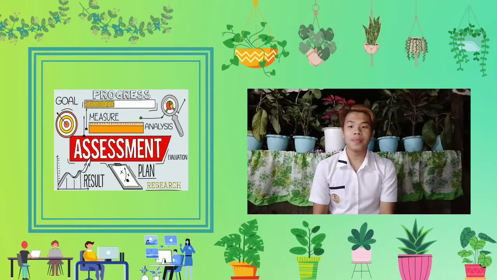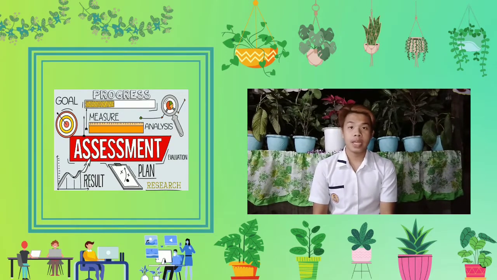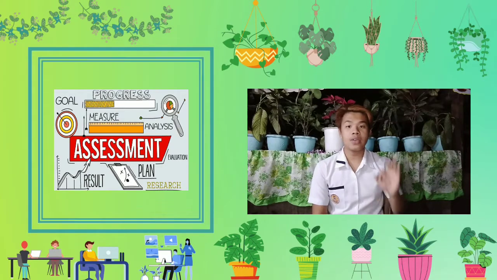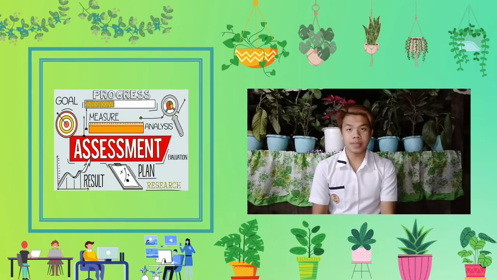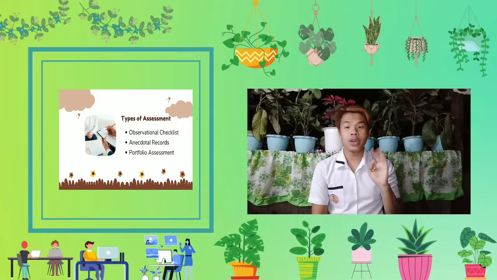There are lots of types of assessment to assess the progress of the learners, but in this discussion I will only be discussing three types of assessment, and these are the observational checklists, anecdotal records, and portfolio assessment.